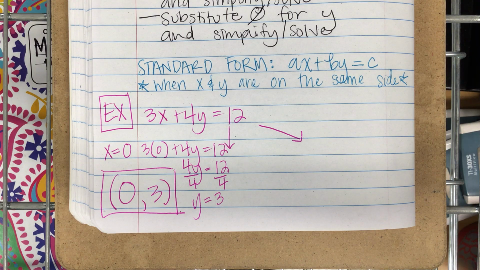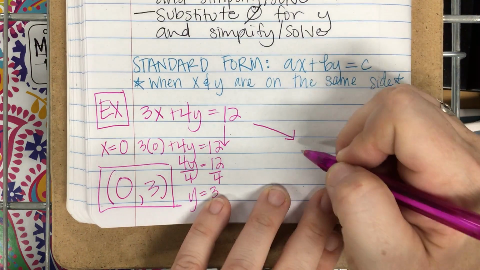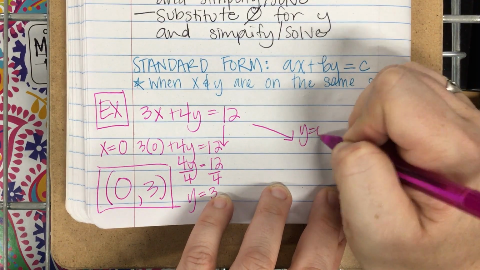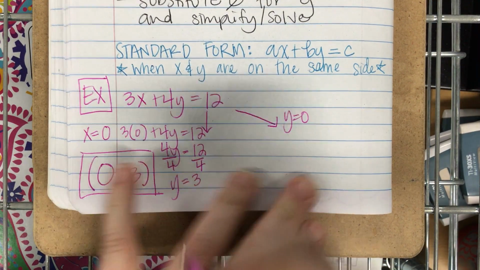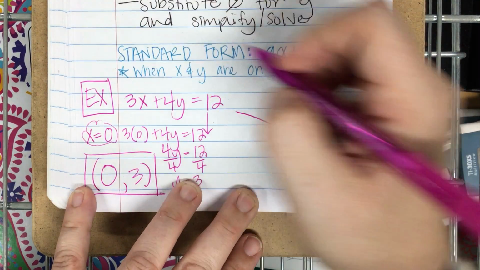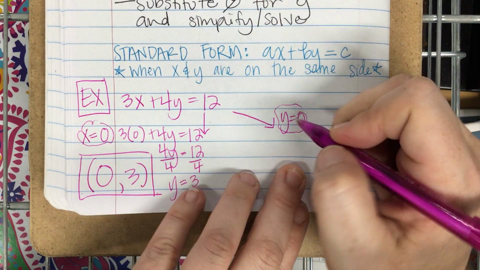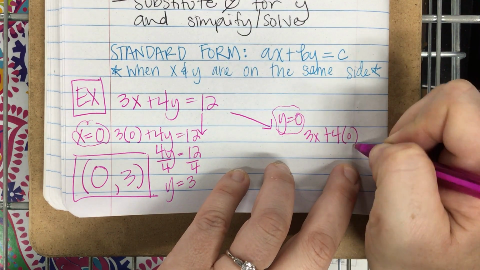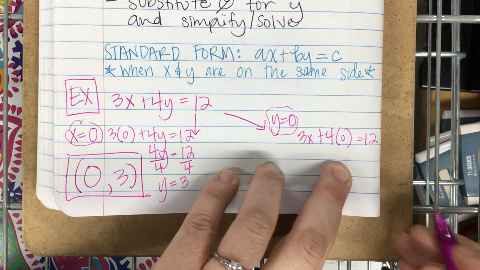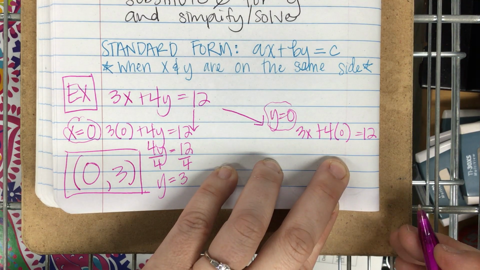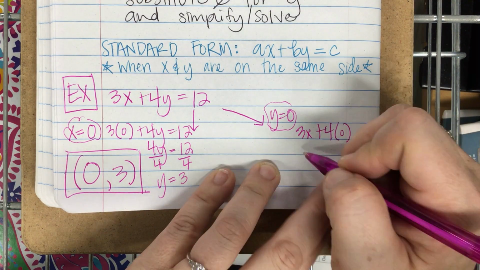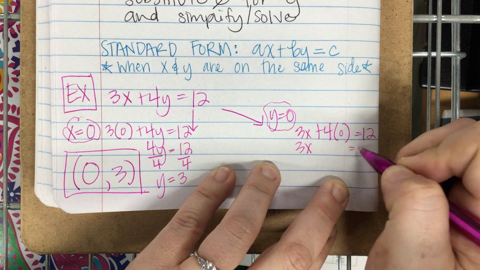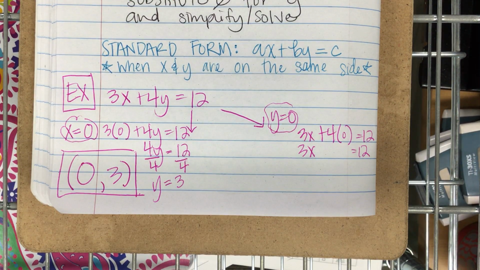Then I'm going to substitute again, this time using 0 for y. First time 0 goes in for x, second time 0 goes in for y, making 3x plus 4 times 0 equals 12, leaving me with 3x equals 12, because 4 times 0 is 0.